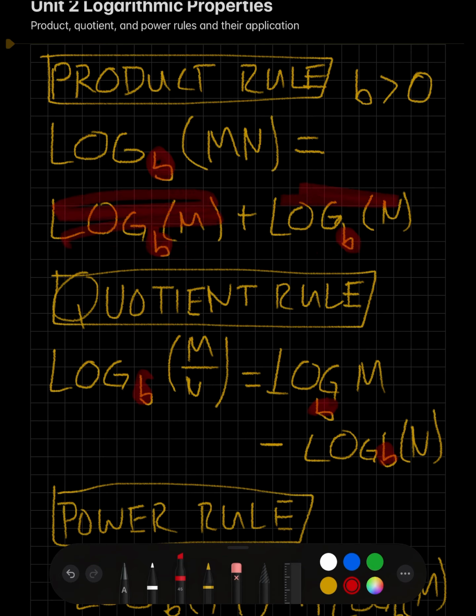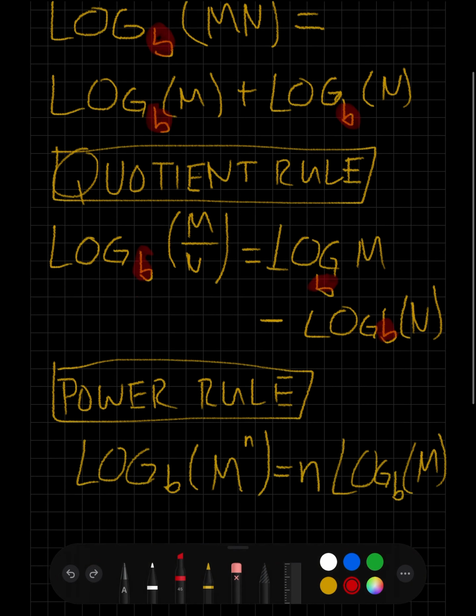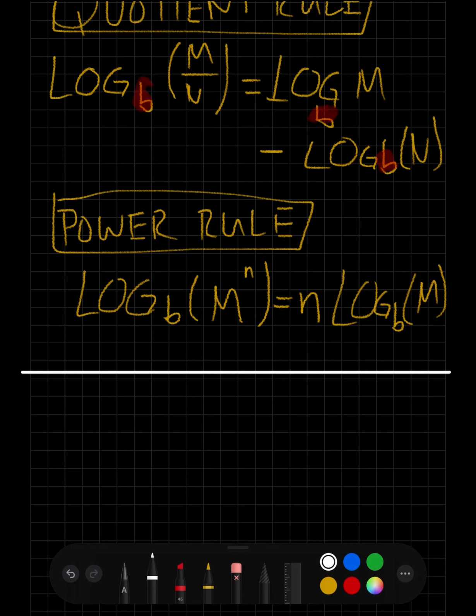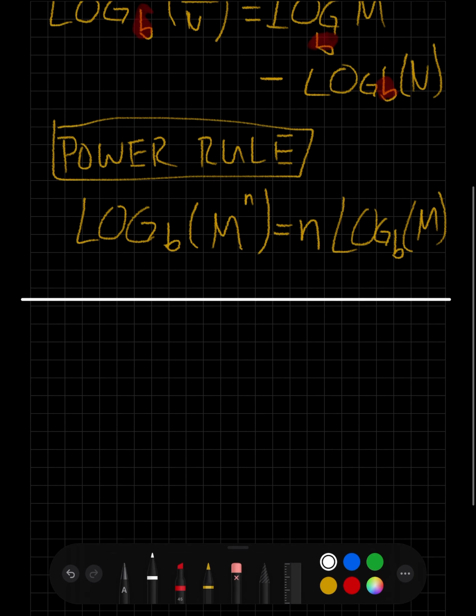We can also go the other way and take these two logarithms and combine them into a single logarithm, but we can only do that when we have the same base. So I'm going to go through some examples of both kinds, where you expand one logarithm into many and where you condense many logarithms into one.